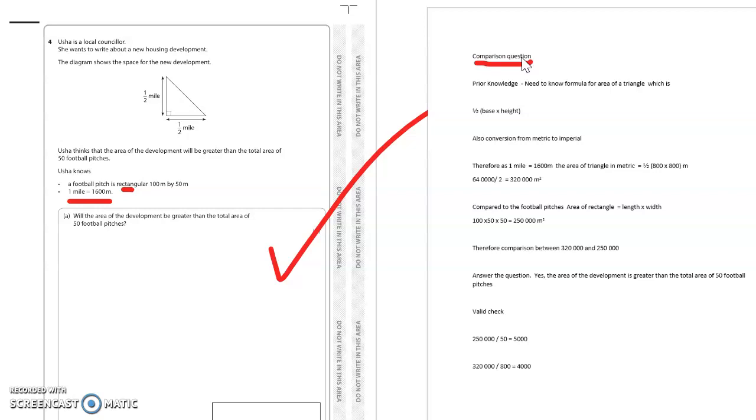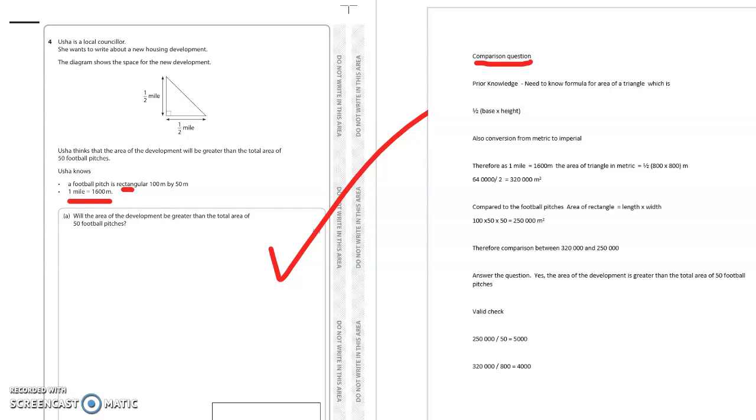It's easier to convert it into metric. So the area of the triangle, which is the area of development, now becomes a half, 100 times 100, because it's saying that 1 mile is 1,600 metres and we're dealing with half a mile. If we work that out, the area of the development in metres is 320,000 metres squared.